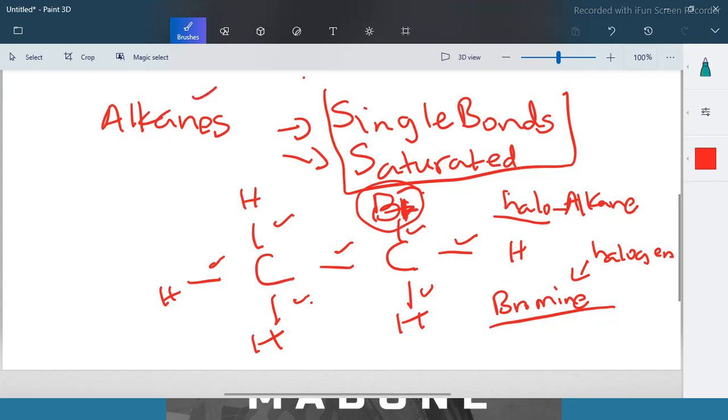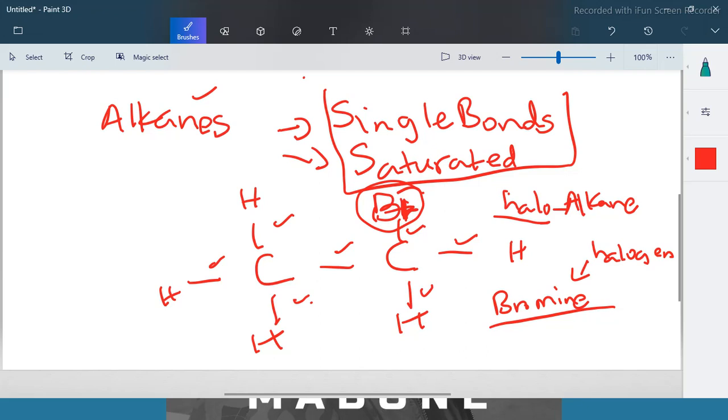So the difference between this and this is that this one only has hydrogens and single bonds, and this one has a visitor. Once you see Br, or F, there could be fluorine as well, there's a lot of them, just know that it's a haloalkane, guys. Single bonds are always there. The bond does not change. What changes is the visitor.